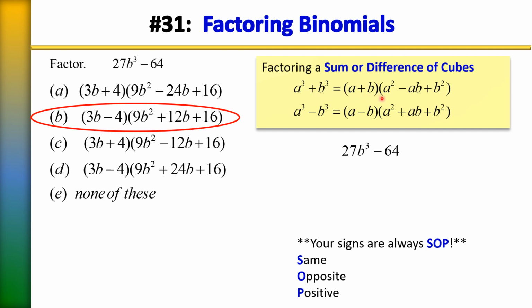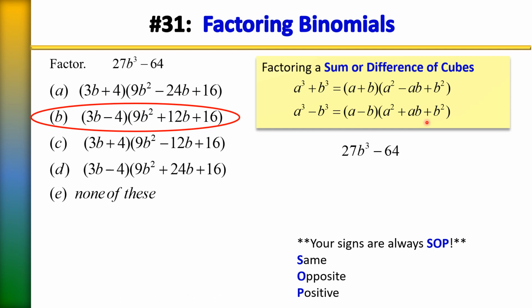Your next sign would be opposite, which in this case is a negative. Your last sign is always a positive. If you're given a difference of cubes, such as in the case of this problem, then again, your first sign will be the same, which is a negative, then opposite, meaning a positive, and again, the last sign is always positive.